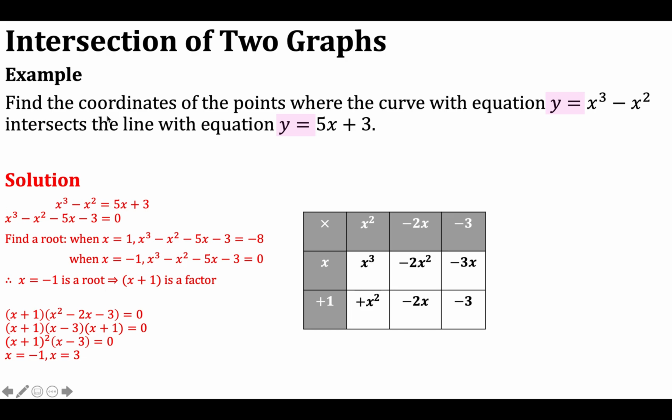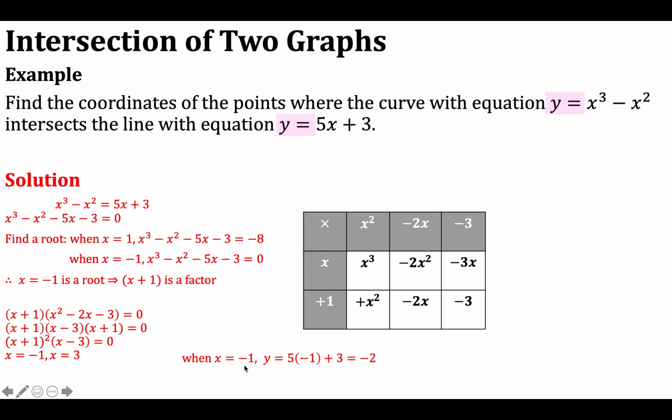Now, we are asked for coordinates of the points where the curve and the line intersect. We currently only have x ordinates, so in order to find our y ordinates, we need to substitute in. And we're substituting into one of the original equations. So I've chosen the straight line just because it's possibly slightly easier than substituting into the equation with the cubes and the squares.